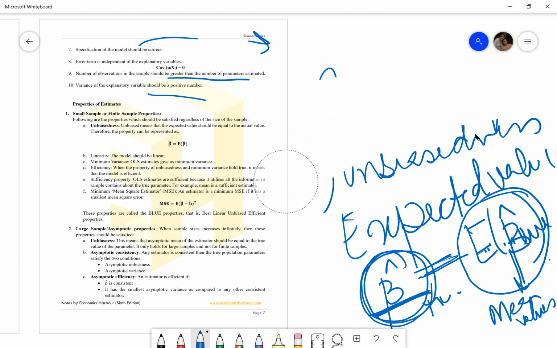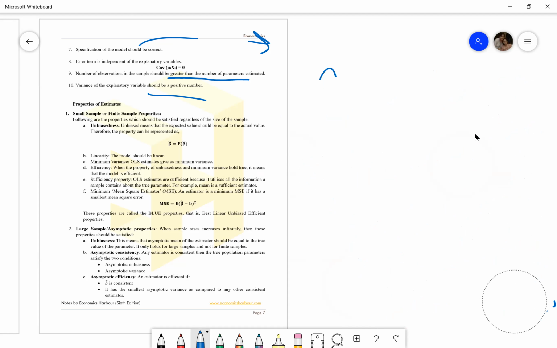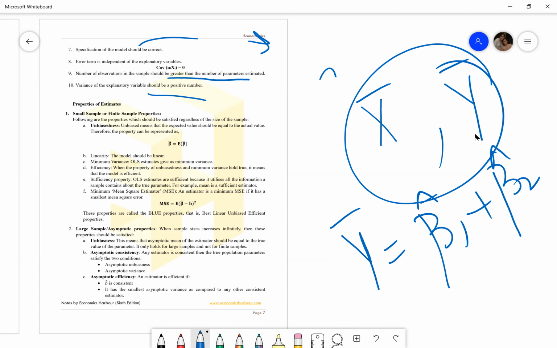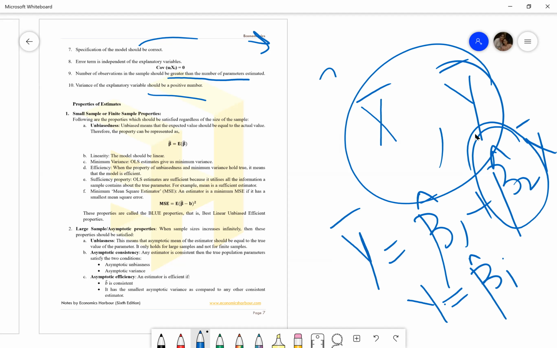So, for example, if I base my model on the means of your data, so mean value is this, mean value is that, and on the basis of this I form my value. For example, y mean is equal to beta 1 cap plus beta 2 cap x mean. So this is my expected parameter. But when I use y is equal to, say, beta 1 cap plus beta 2 cap xi, this is my actual parameter.